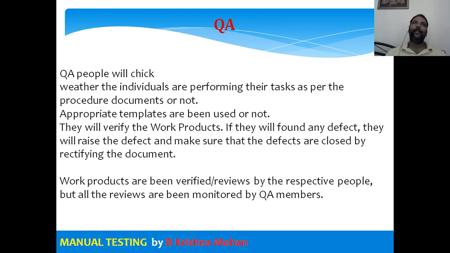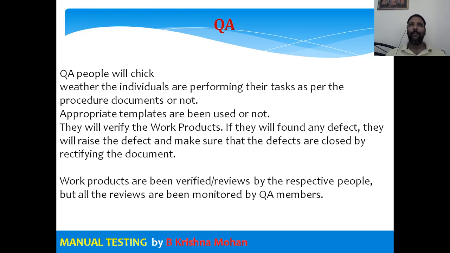Okay, and not only that, the QA people, correction has to be done, there is no doubt about it. But they will be giving the corrective action also. Corrective action means, suppose something is done wrong, and they have identified that wrong thing, meaning they have identified the defect.